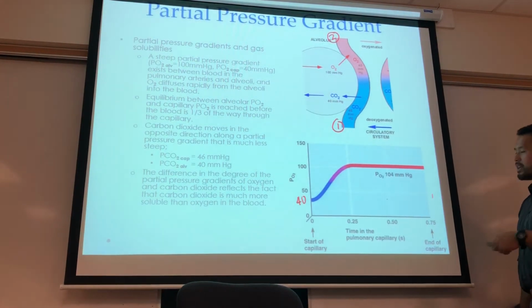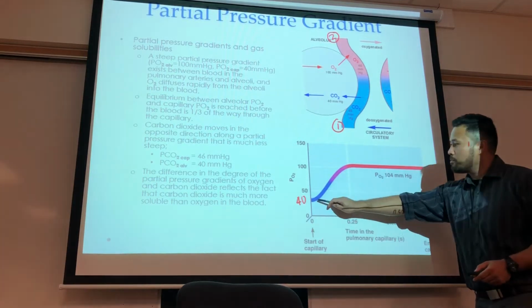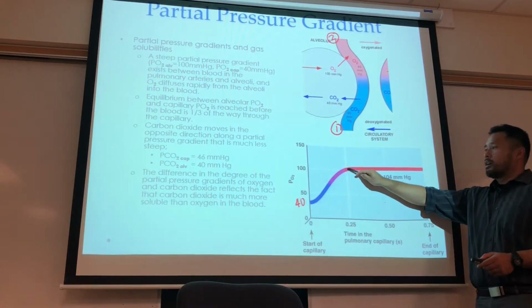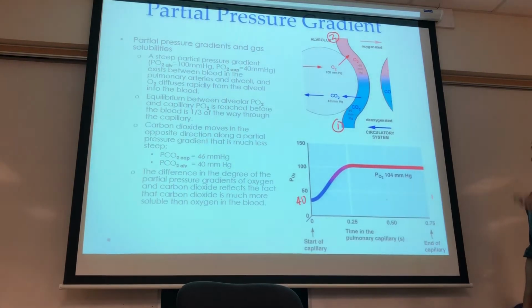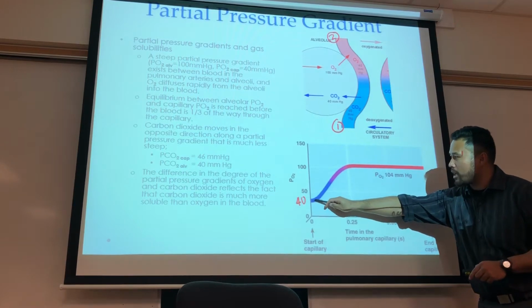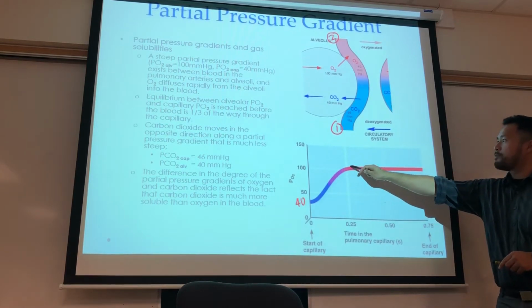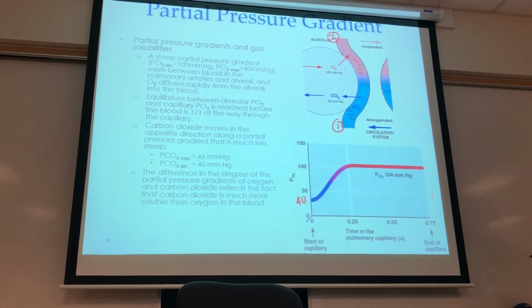The time it takes, and again, you don't need to know this, is about 3/4 of a second to make its way from here all the way to the very end. That means that the equilibration takes place within the first third of its transit time through the capillary bed. You watch from 40, and we equilibrate back up to 100. And that's that second point right there.